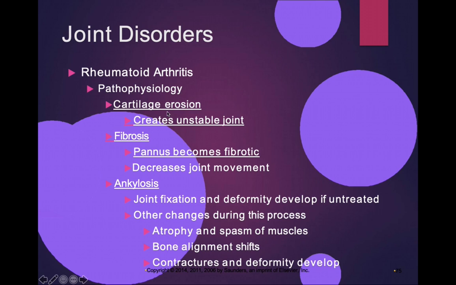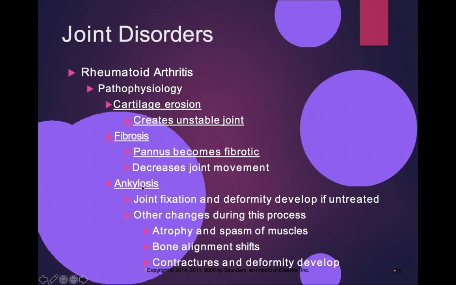So there is cartilage erosion, and it typically creates an unstable joint. Okay? There is fibrosis that takes place because the pannus becomes pretty fibrotic, and when that happens, you're going to decrease mobility.